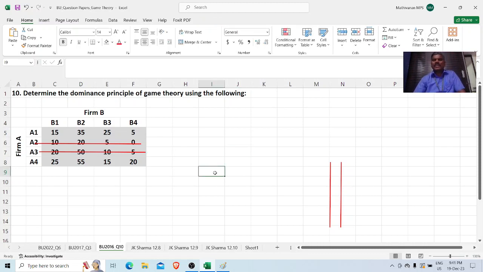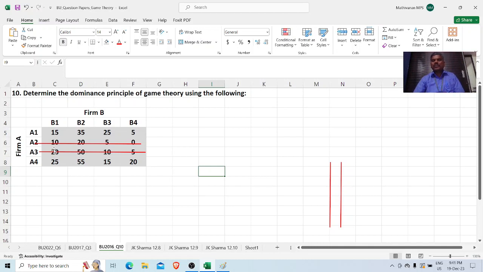Now we will compare the columns. 15, 25, 35, 55. Clearly, the strategy B2 results in more losses for firm B. All these values are positive.